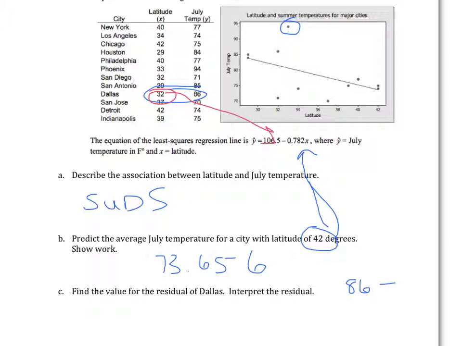And when we plug 32 in, we get a predicted of 81.4 about, or .5. So my residual came out to be approximately, when I had my decimals in it, about 4.5. So observed for Dallas minus the predicted for Dallas, which had a latitude of 32 degrees.